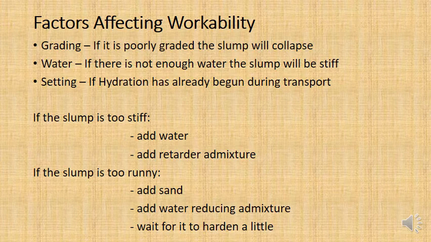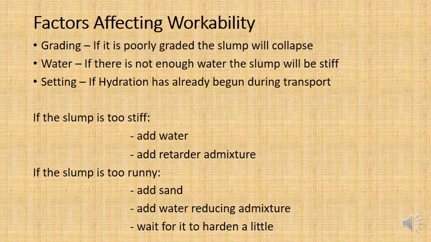So often what happens is if you do a slump test and the slump collapses, one of the first things you do is you add fine aggregate, you add sand, and that's to improve the grading, to make it better graded, more well graded. The other factor is water.